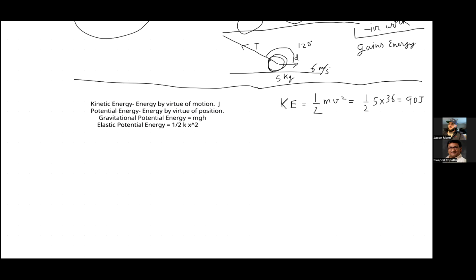Half times 200. x is the distance by which the spring is compressed. So let's say it got compressed by 10 centimeters, which would be 0.1 meters. So 0.1 squared is 0.01.